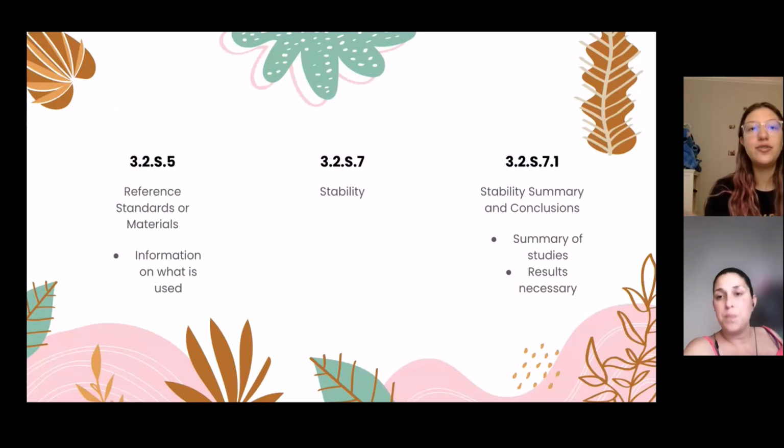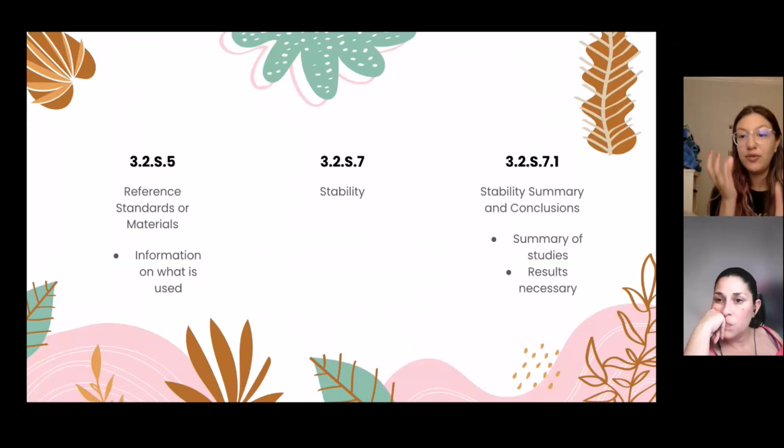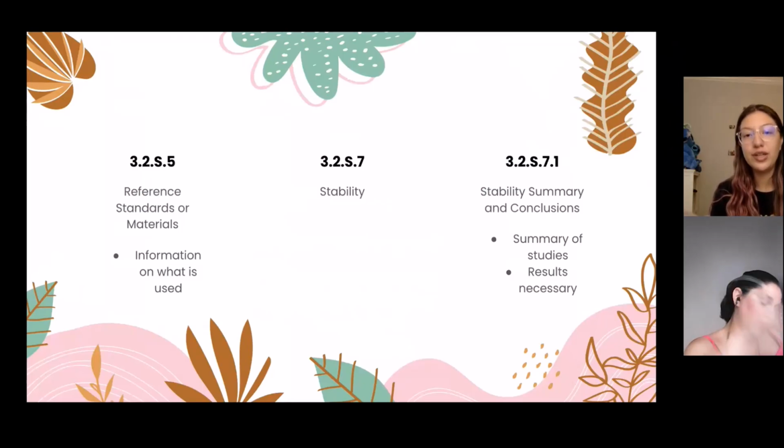So this is an entirely different section. It has gone from 0.5 to 0.7. This is looking at the stability of the vaccine itself. And that's why they're looking further into what experiments you have done, because as previously stated, you have to be shipping these materials out. You're going to have to be finding a way to get them to different places.